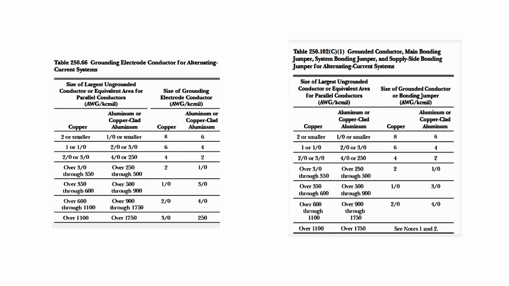So if we had that same scenario where we had 750, we were looking at 1/0 copper or 3/0 copper for this table. It's the same. Where is the difference? This is where code can get like, come on, guys, you're making this more complicated with multiple tables. So it is what it is. There's two tables. In this scenario, there's probably a nuance in here somewhere, but I can't see it.